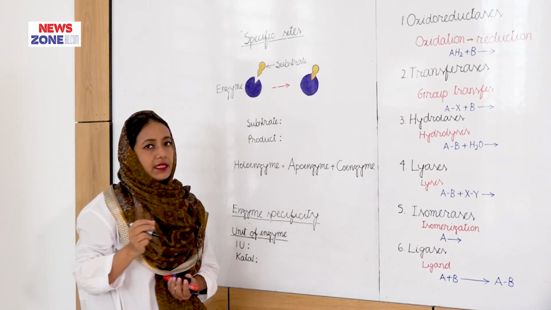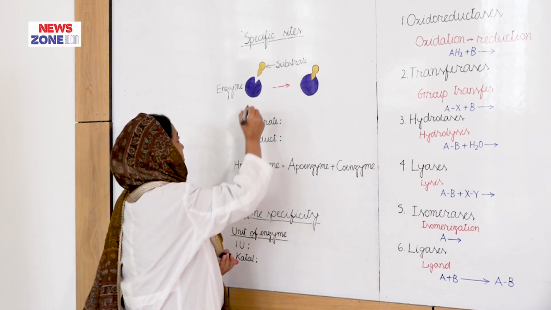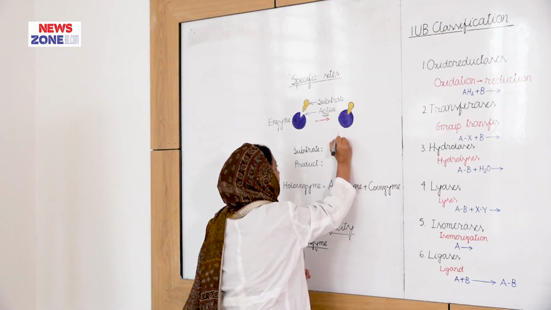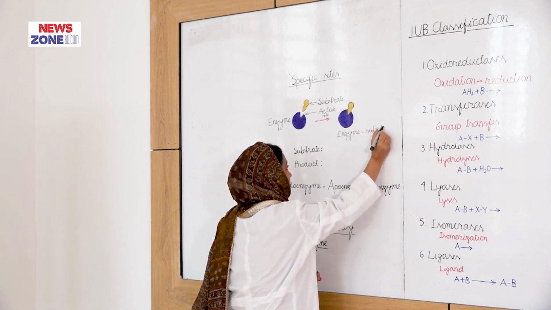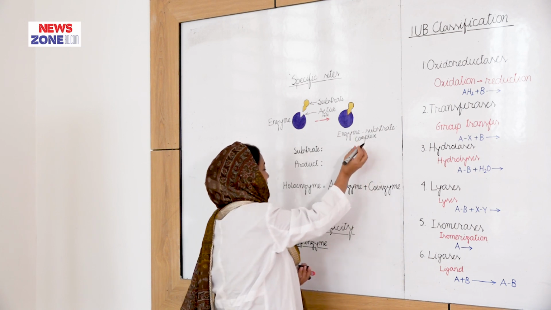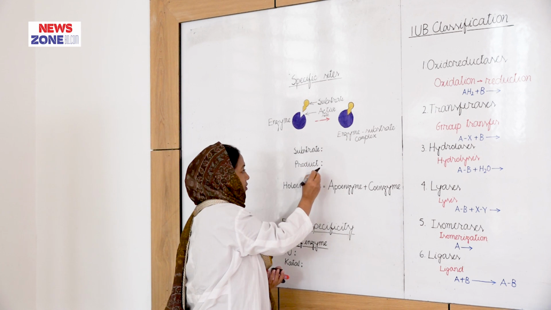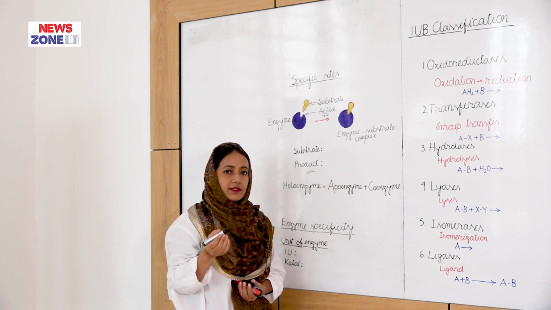The enzyme can catalyze this substrate, and ultimately it forms the enzyme-substrate complex. This enzyme-substrate complex leads to the formation of product. The ultimate goal of an enzyme-catalyzed reaction is the product formation.